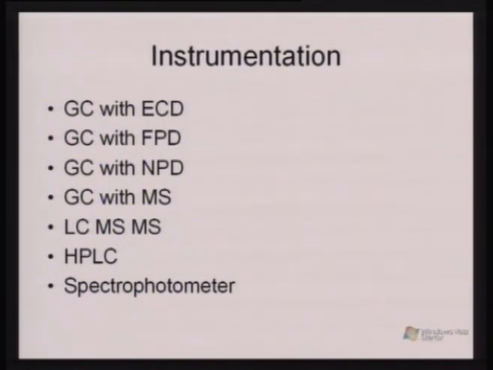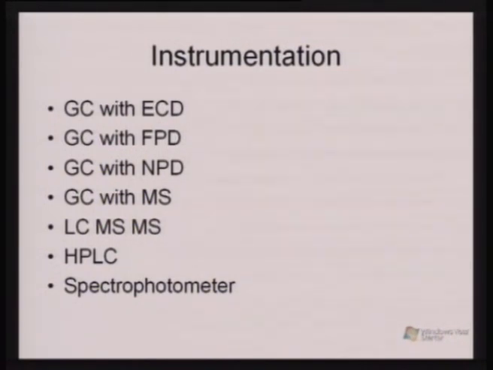GC-FPD, the flame photometric detector, is used to analyze the organophosphorus group of pesticides like malathion. GC-NPD is also used for the organophosphorus group of pesticides, but GC-FPD is much better than GC-NPD. So nowadays GC-FPD is the most preferable gas chromatograph detector used for organophosphorus pesticide analysis.